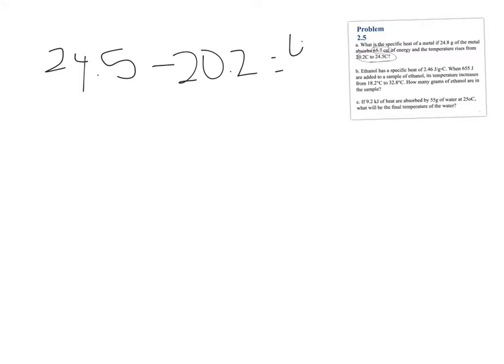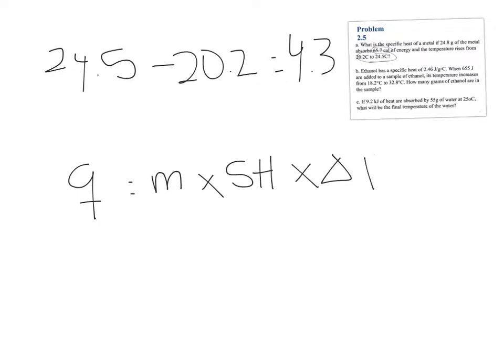Delta T is 4.3. Then we see heat is equal to mass times specific heat times delta T. We have heat, we have the mass, we have delta T. So now we need to solve for the specific heat.